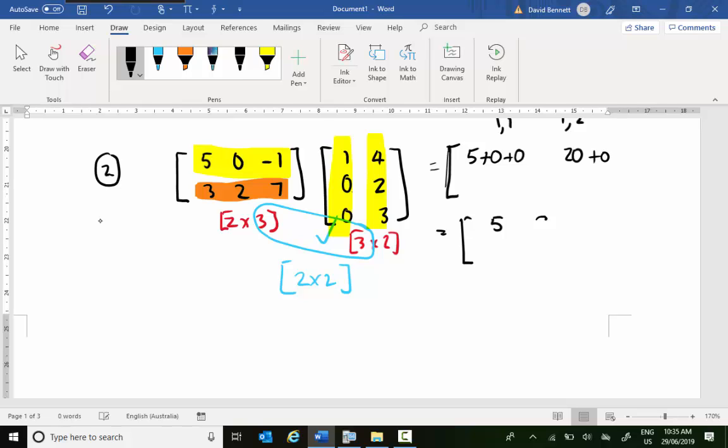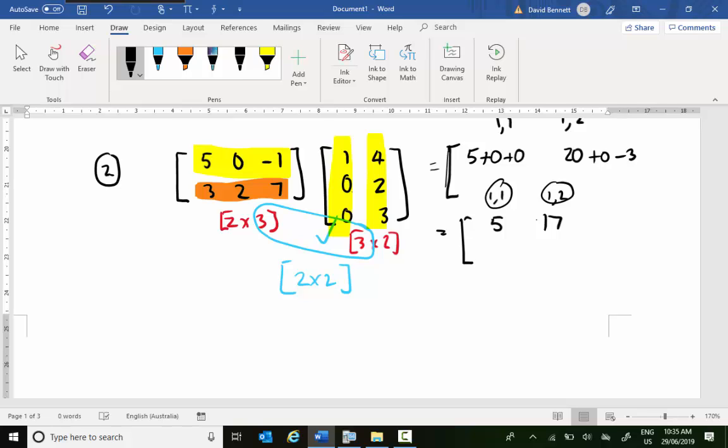And then I've got negative 1 times by 3, which is negative 3. So that answer there is going to give me 20 take 3, which is 17. All right. So row 1 gives me position 1, 1 and 1, 2. All right, that's what those 2 positions are in my matrix C.